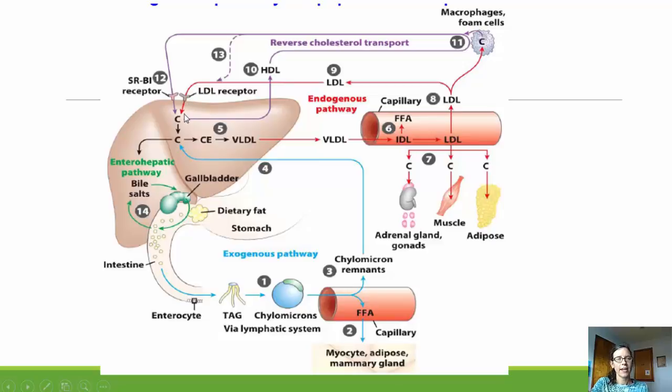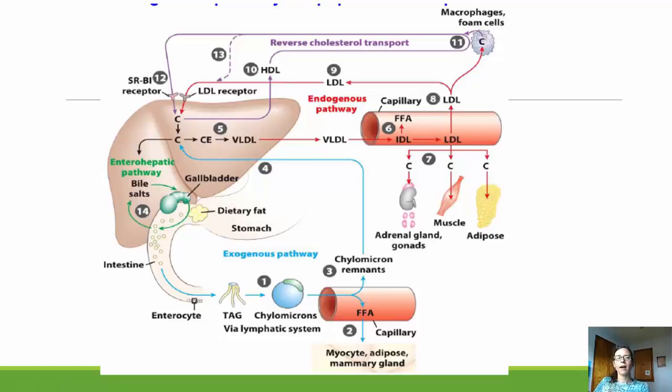And then again, it can go back into bile salts or it can be repackaged into VLDL. However, the liver can also synthesize HDL. And HDL is going to go to our peripheries and pick up our cholesterol and bring it back to the liver where it can go into bile salts or be packaged into VLDL again.